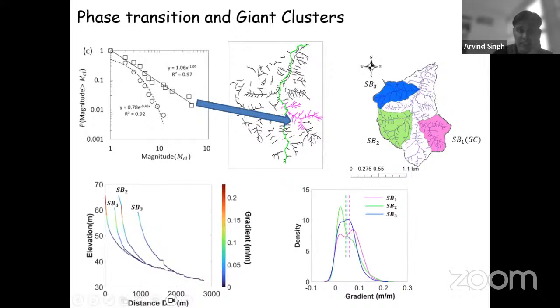For example, in the case of gradient, we look at the river profile of this sub-basin and compare it with the profiles of the other sub-basins. We see that in the case of the giant cluster, the profiles are much steeper.